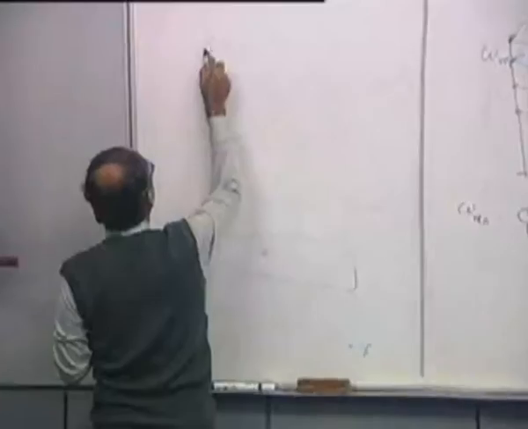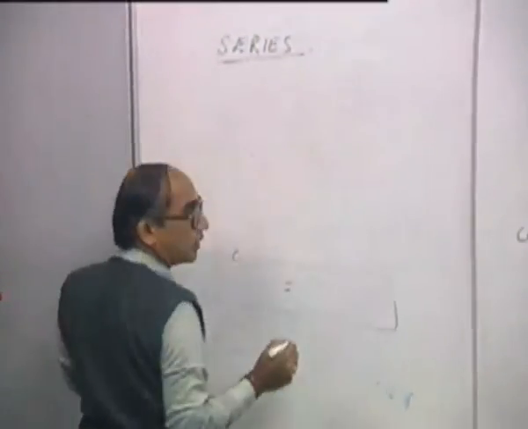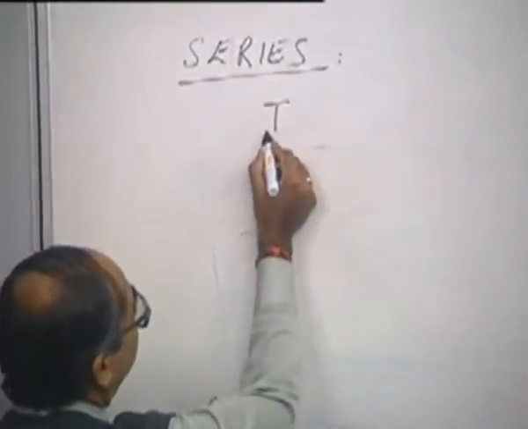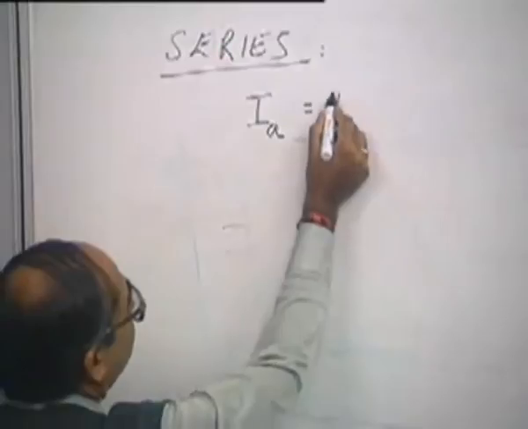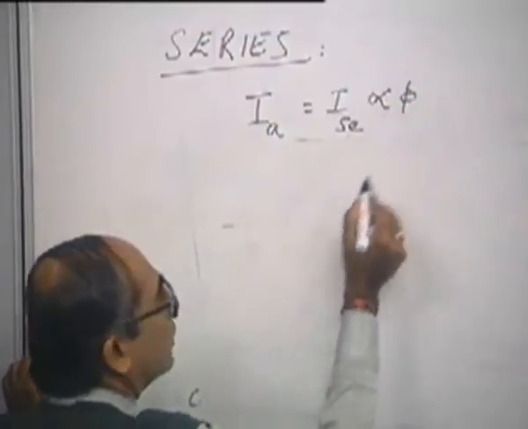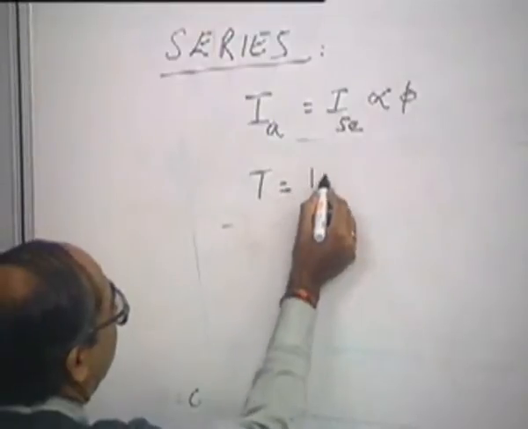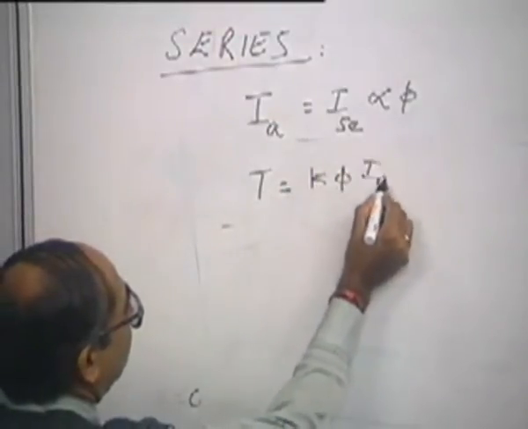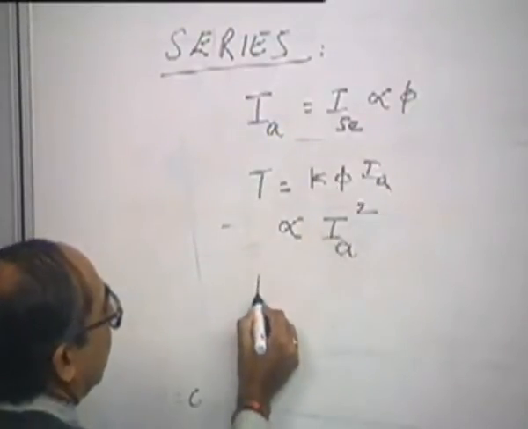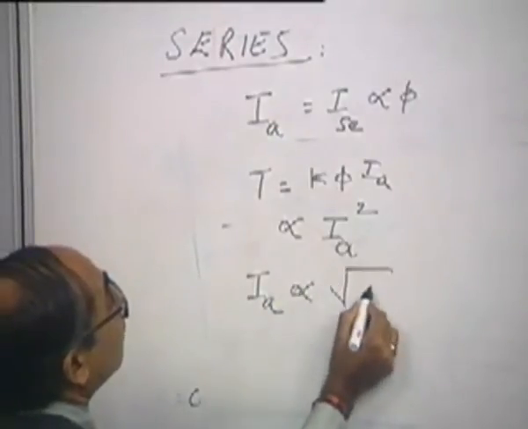In a series machine, we know that the current IA is equal to the current in the series field, which is proportional to the flux, and therefore torque is equal to K into flux into current. So torque is proportional to the current square, and therefore IA is proportional to square root of torque.